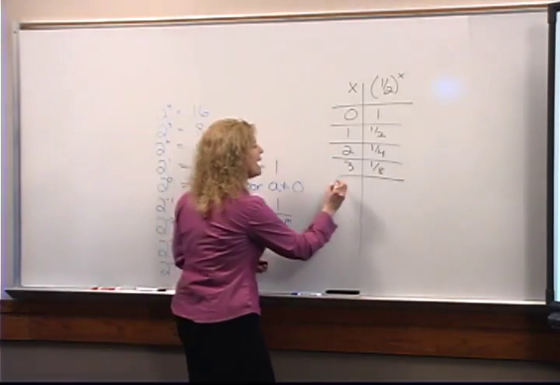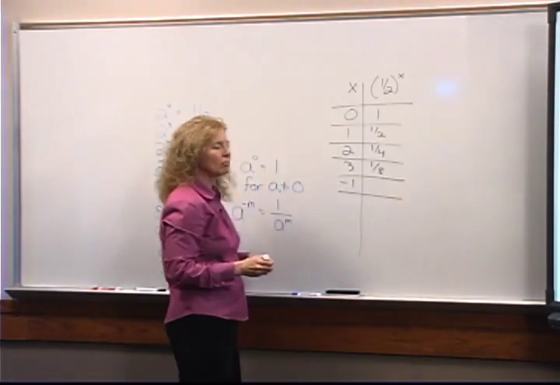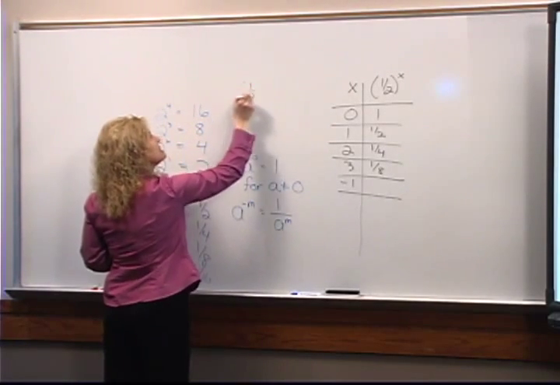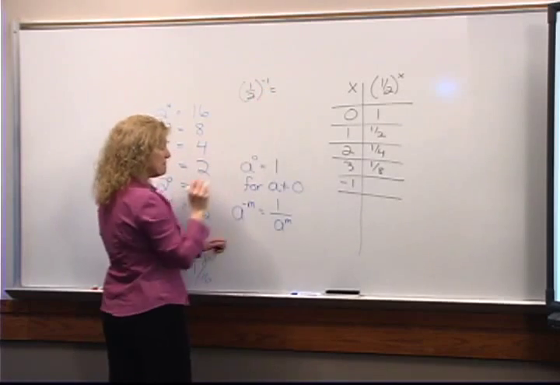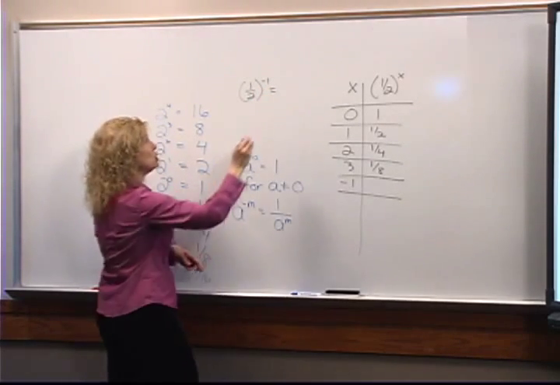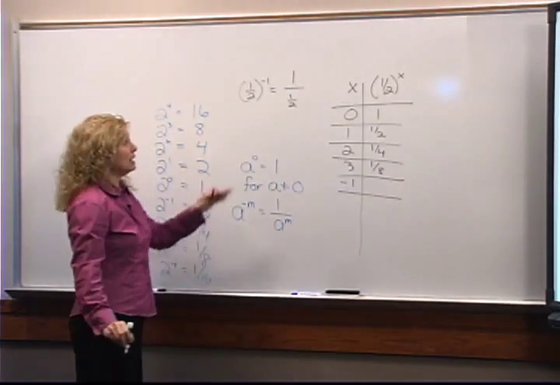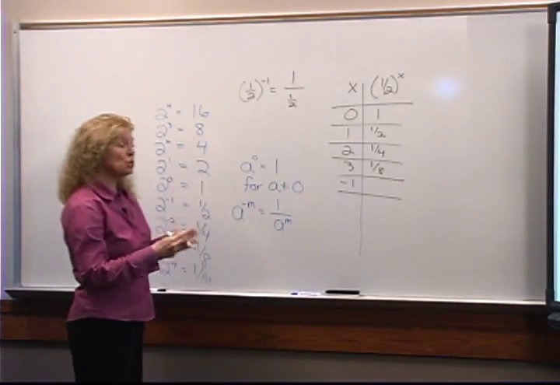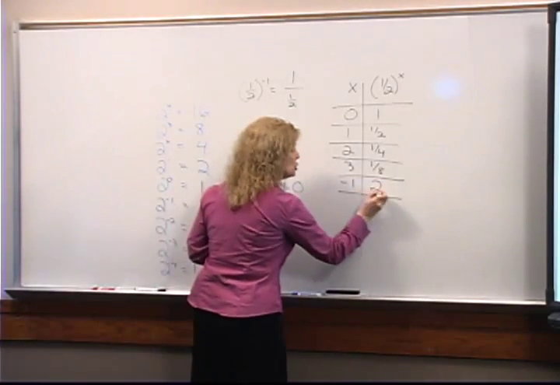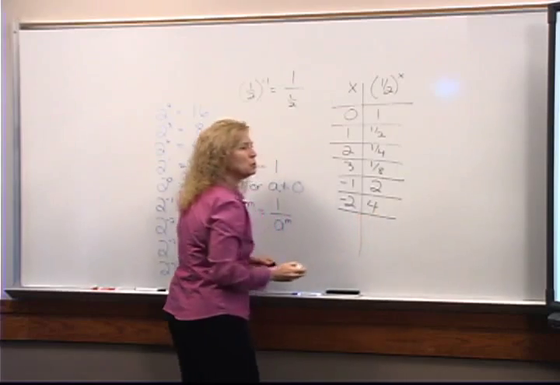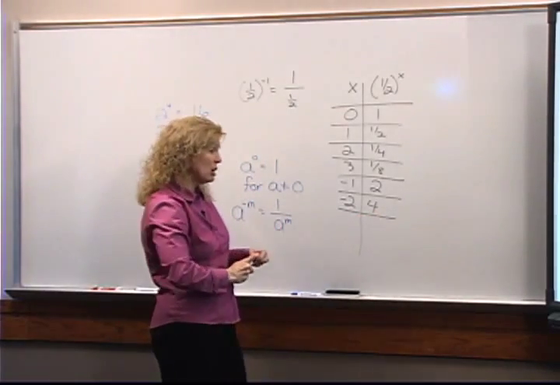Okay. Well, what about a -1? Well, 1/2 raised to the -1 power by definition would be 1 over 1/2. And if you divide those fractions, you end up with 2. And if you do the same thing for -2, you're going to get 4, and so on.